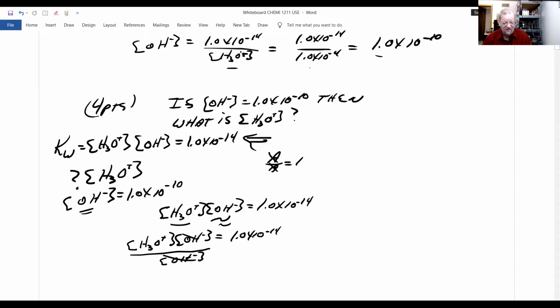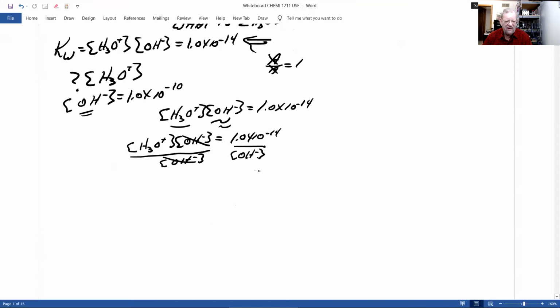And that would cancel out, be number 1. However, anything you do to one side, you have to do to the other. And now I have the hydronium ion concentration equals 1.0 times 10 to the minus 14th divided by hydroxide. And I'll put that number in.